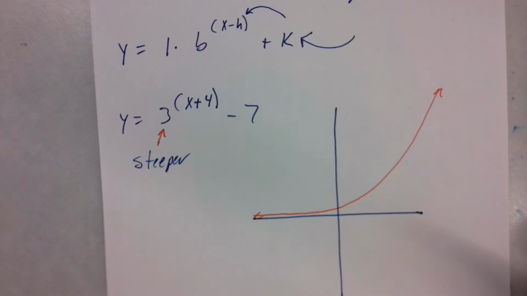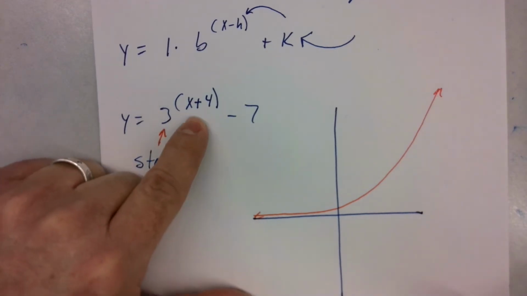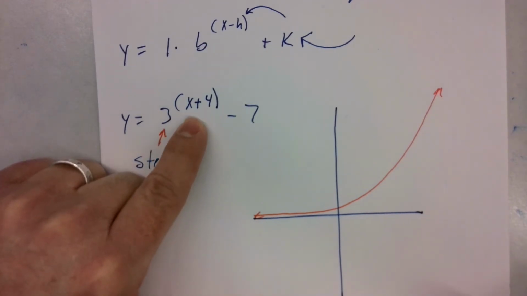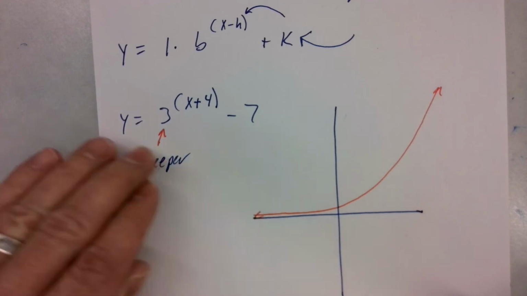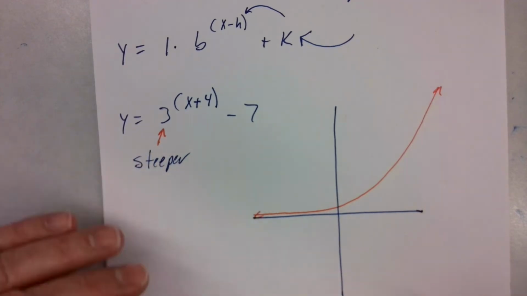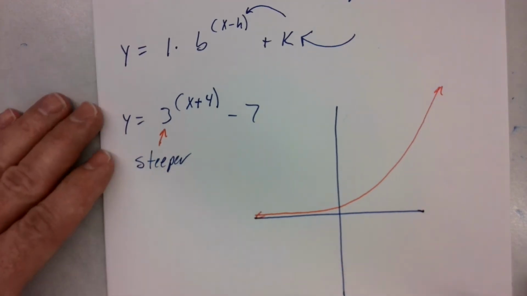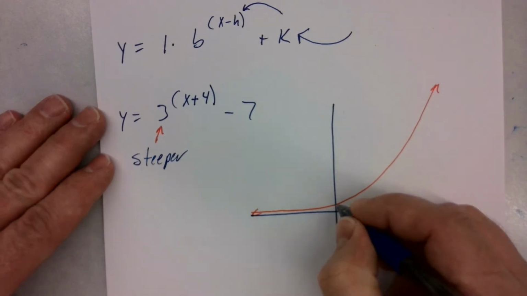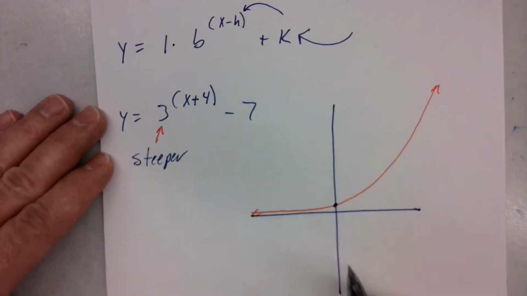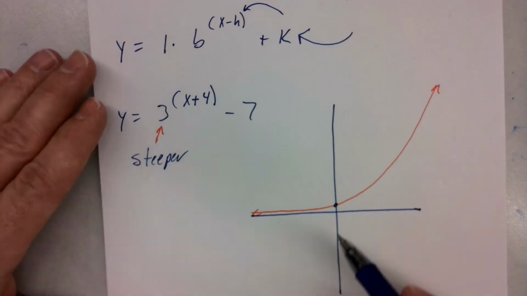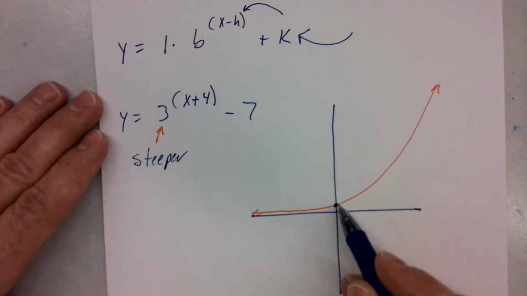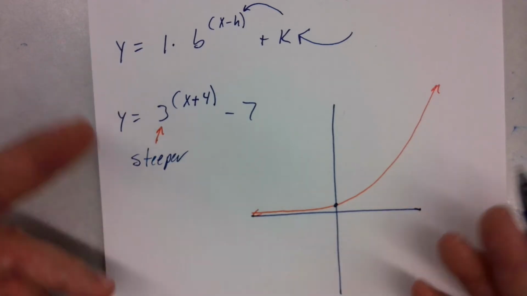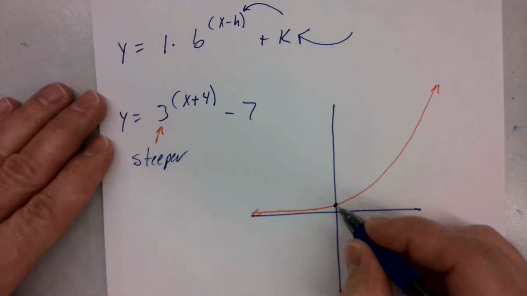Now, you're right, though. That's going to make it steeper, right? It's also going to shift me where? Left 4 and down 7, right? Now, I'm going to go left 4 and I'm going to go down 7. Now, what you need to understand is that this value right here, if you go back to any parent function, this value is always going to be, not always, but for what we're going to do right now, is going to be what?